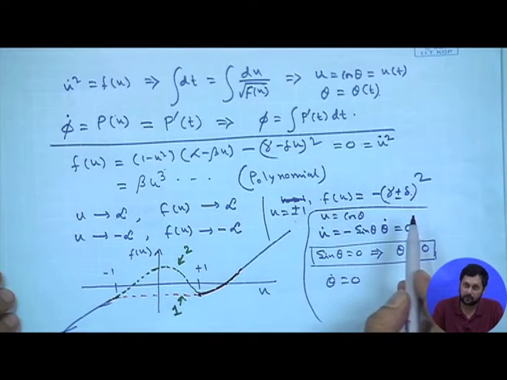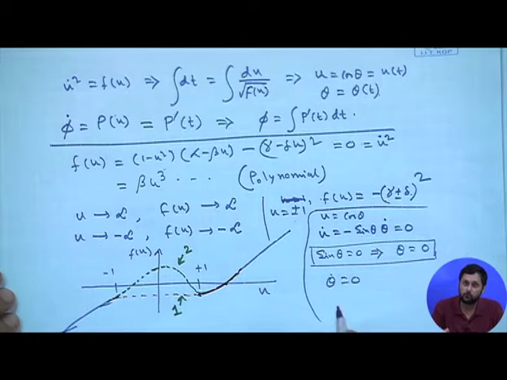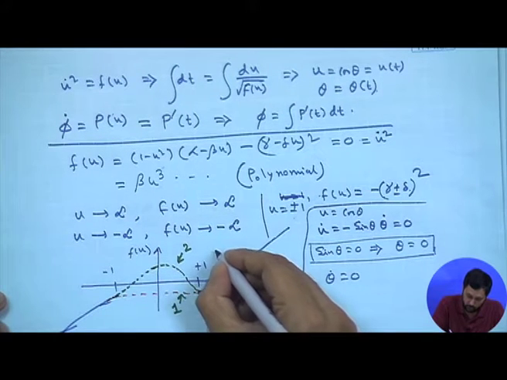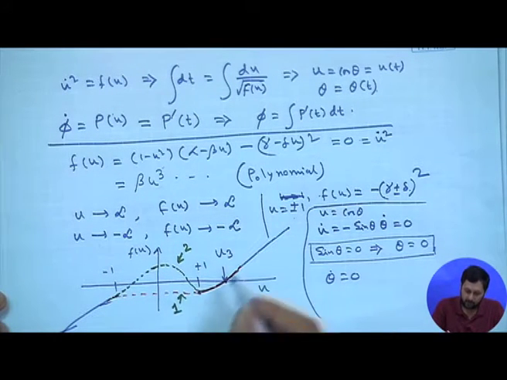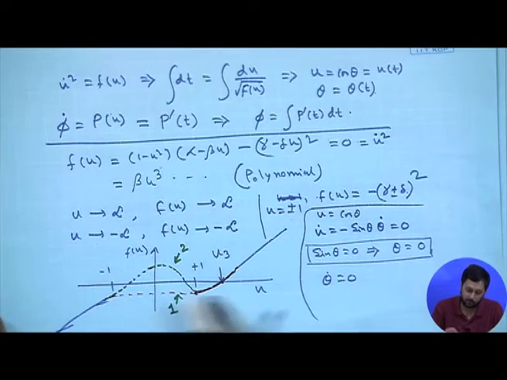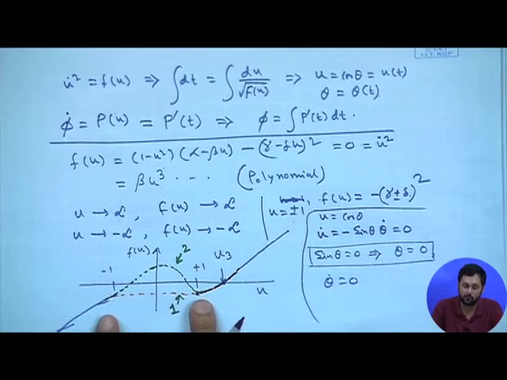These 3 conditions tell us that one of the roots of u has to be outside the physical range. It cannot be visualized in the real world. Okay. We call this root u3, and the other 2 roots u1 and u2. For any physically possible motion, u has to be between +1 and -1, within this bound.